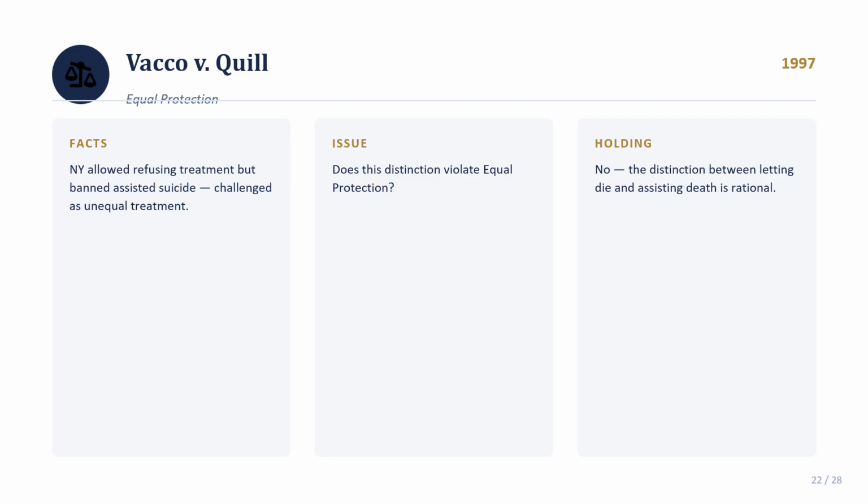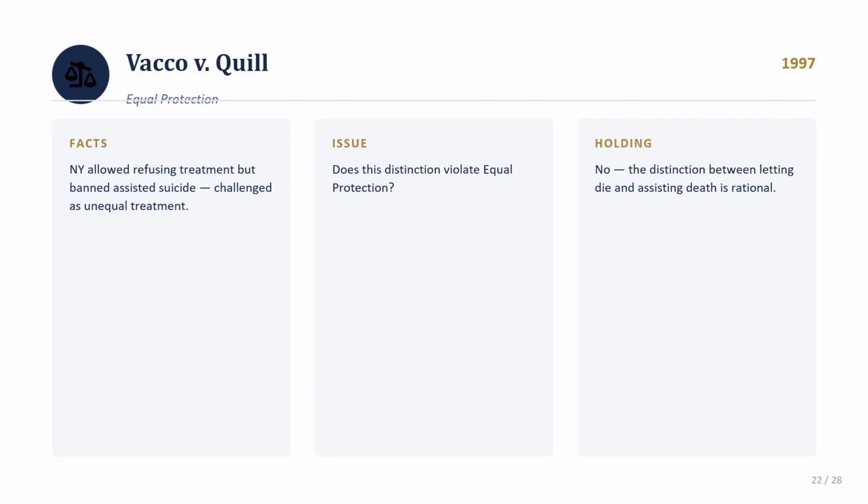The court said that the distinction between letting a patient die by honoring a refusal of treatment and actively assisting a death through the provision of lethal medication is rational, and therefore survives equal protection under a deferential rational basis standard. So what's the court's actual reasoning for why these two scenarios are meaningfully different rather than just two paths to the same outcome? Causation and intent.